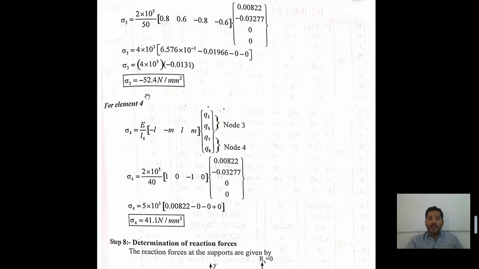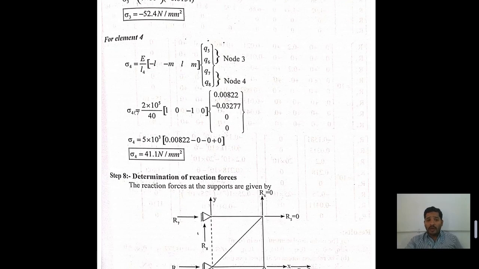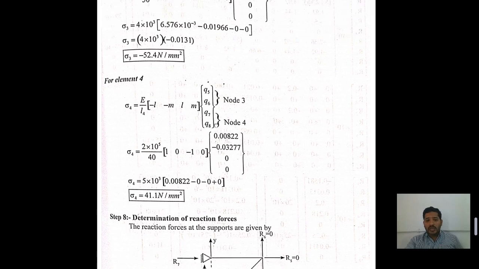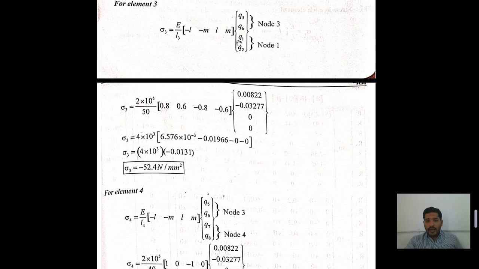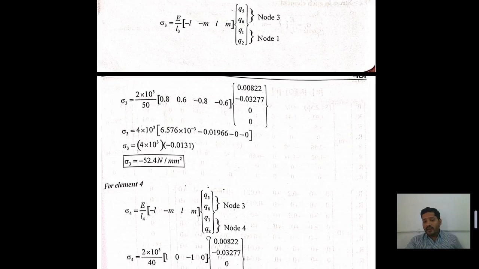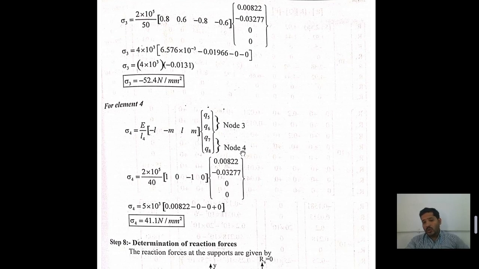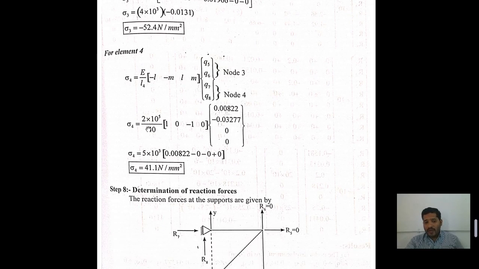After getting the value of sigma 3, again we need to find out sigma 4 for element number 4. Sigma 4 is equal to E by L4 times minus L, minus M, L and M, with Q5, Q6 and Q7 and Q8. Q5, Q6 I already told you is node number 3, and Q7, Q8 we know very well is node number 4. So just you need to substitute the values of Q5, Q6, Q7 and Q8. If you divide 2 into 10 power 5 by 40, then it becomes 5 into 10 power 3.